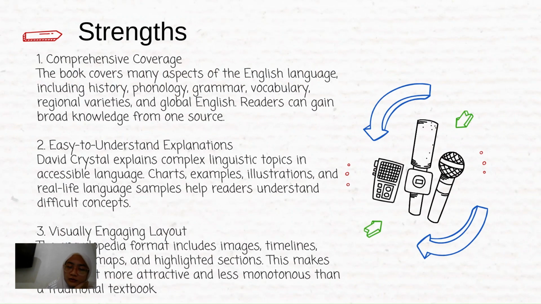The first one we're going to explore is the strengths. The strength of the book is that it has comprehensive coverage. Like I said before, the book contains a lot of things. It covers aspects of the English language, including the history, phonology, grammar, vocabulary, also regional varieties, and global English.